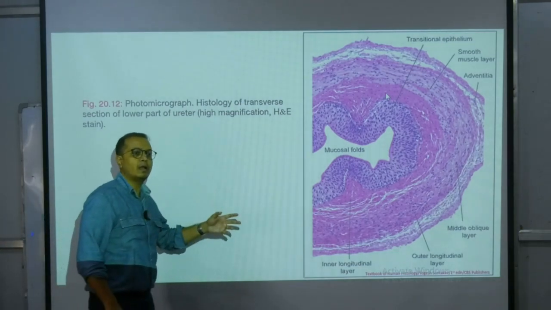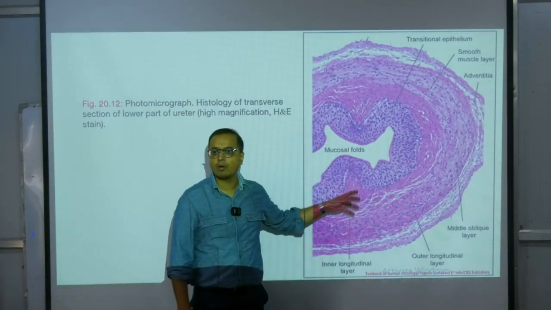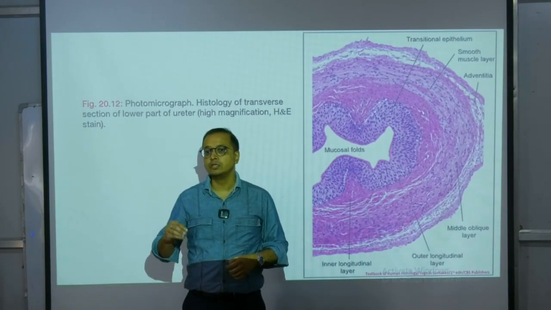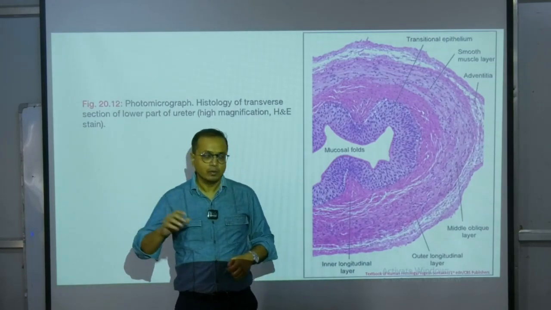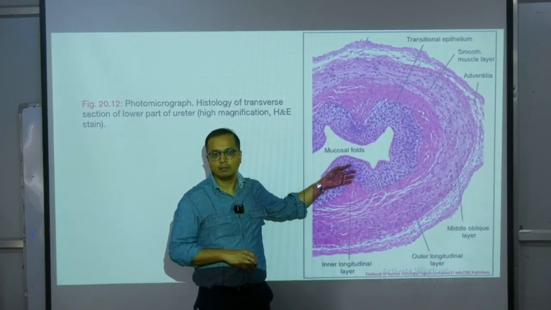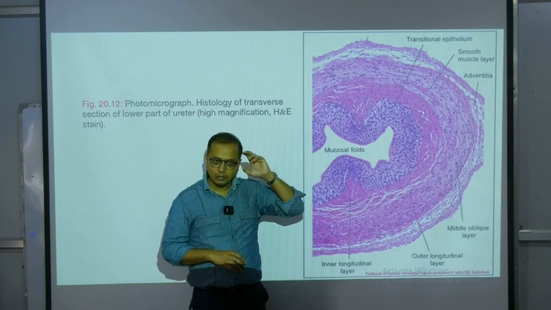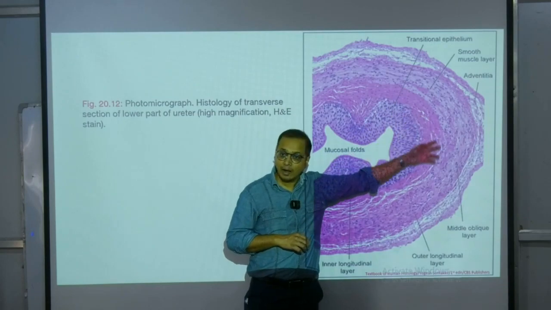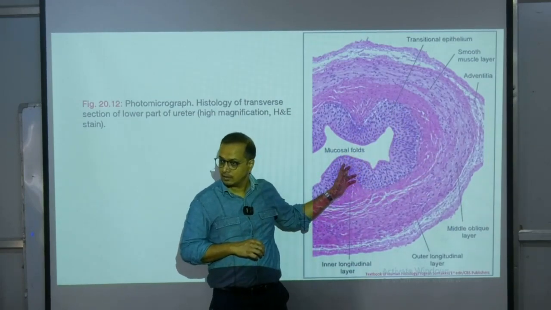Now we have a similar kind of tube present in our body in female subjects. We call it the fallopian tube, also known as the uterine tube. That uterine tube also looks similar to this, but the uterine tube doesn't have as much muscularity as the ureter has.